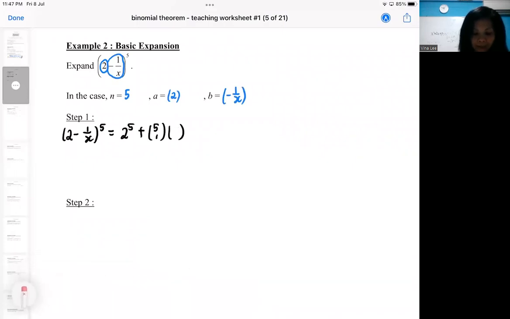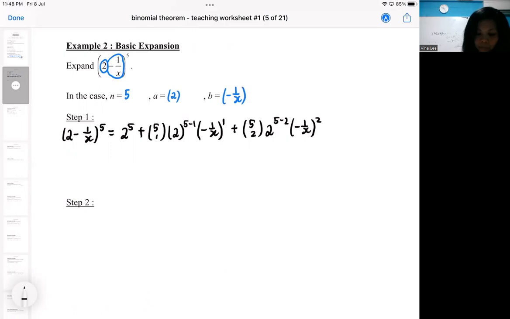So the formula will be A, B. So A to the power 5 minus 1, B to the power 1. So 5, 2, A to the power 5 minus 2, minus 1 over x to the power 2. So 5, 3, A to the power 5 minus 3, minus 1 over x to the power 3.